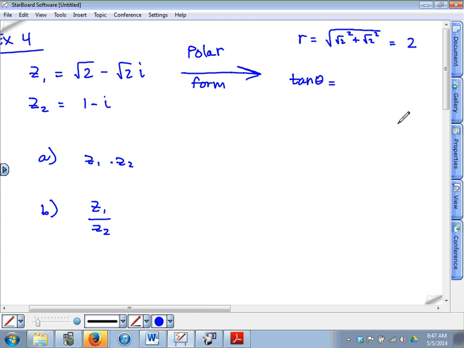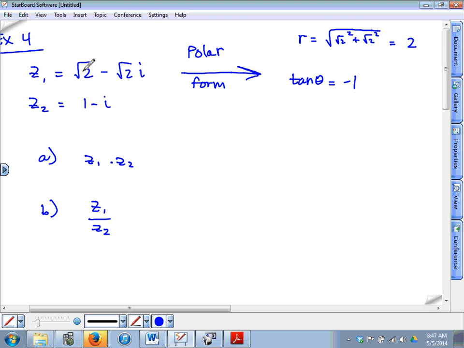And even tangent of theta, that's not so terrible, because it's just negative square root of 2 divided by square root of 2, which is negative 1. So if you just rely on your calculator, this is going to tell you that theta is negative 45 degrees. Well, the calculator is correct.